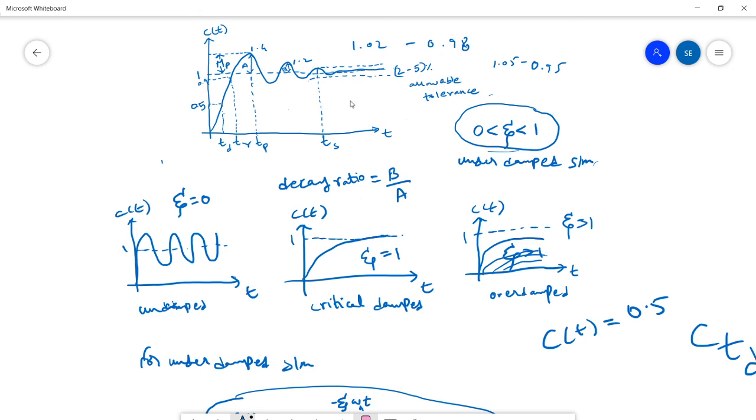Usually the system is said to be under control if you have a quarter decay ratio, 1/4. That means if you have a maximum amplitude of, say, 1.4, this should be 1.1. So the decay should be 4 times smaller than the actual maximum peak overshoot value.